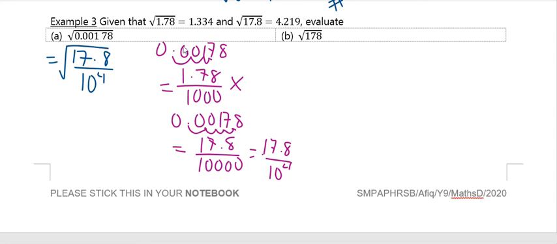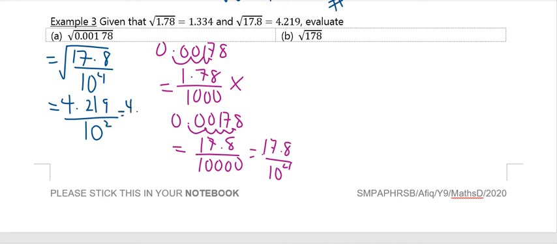Because here, this is important. You have to express this into this one, but do not forget that you have to write also the fraction, because when you turn this back, it is possible. So here, I will not split this up. I will just write the answer straight away. So the square root of 17.8 will be 4.219, over the square root of 10 power 4, which will be 10 power 2.